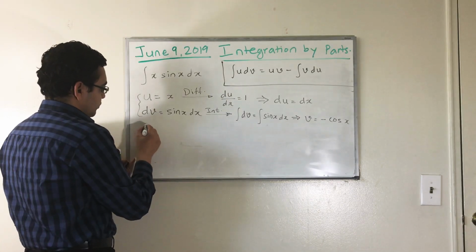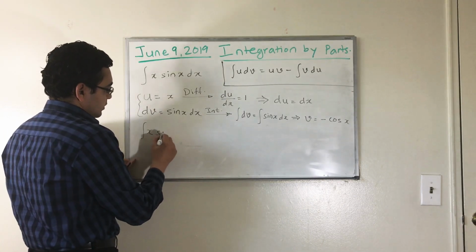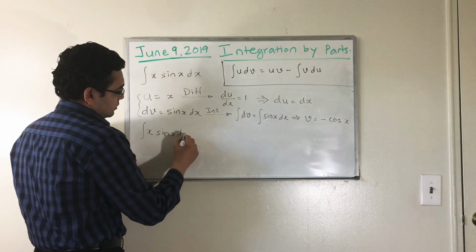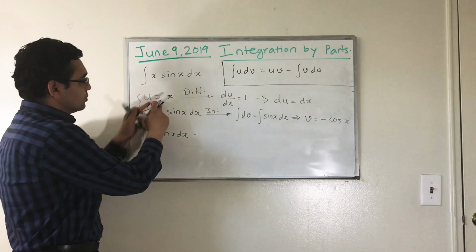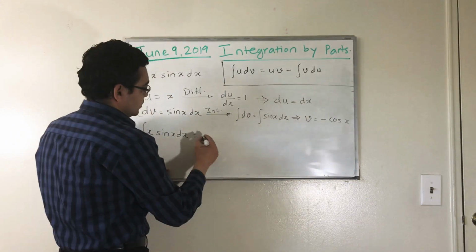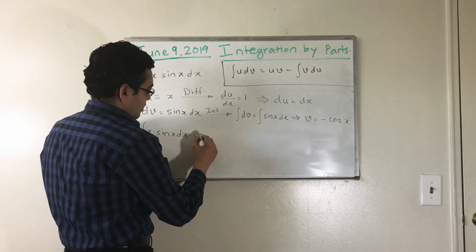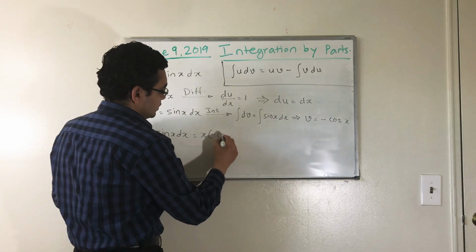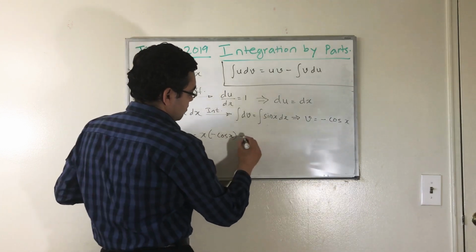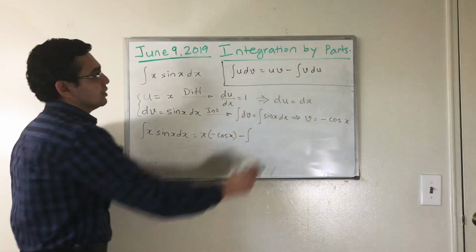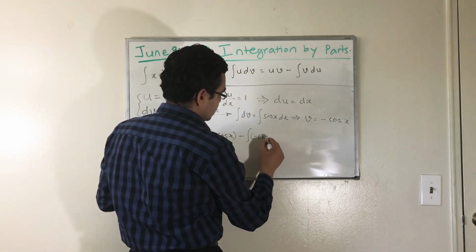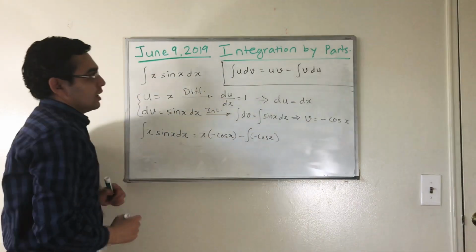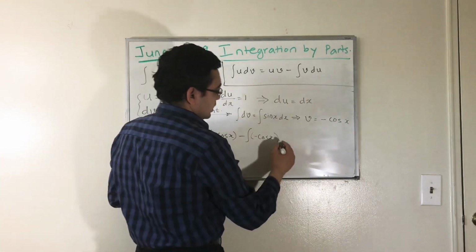So what we get is integral x sine x dx is u times v, which gives me x multiplied by minus cosine of x, minus integral v du. v is minus cosine of x, and du is nothing but dx.